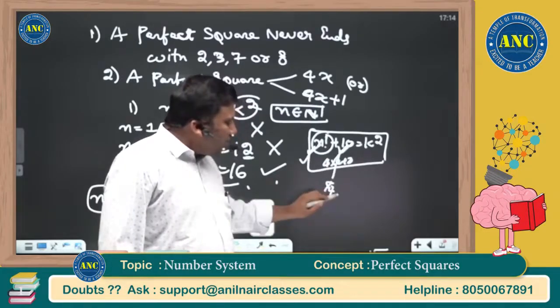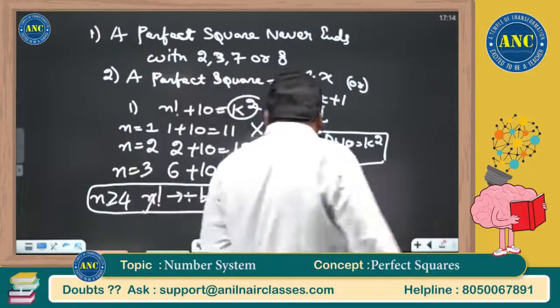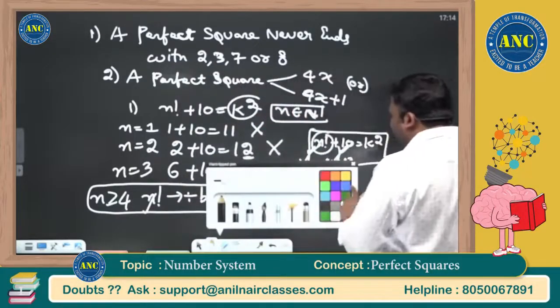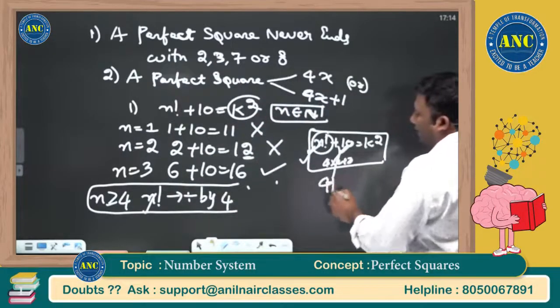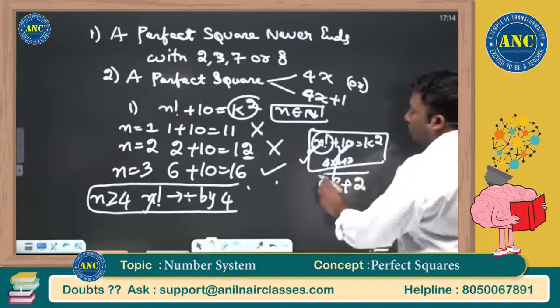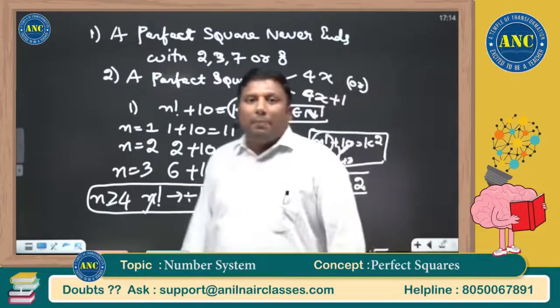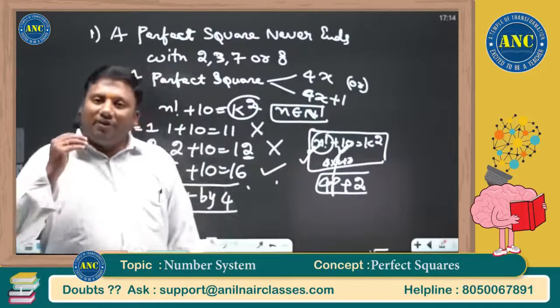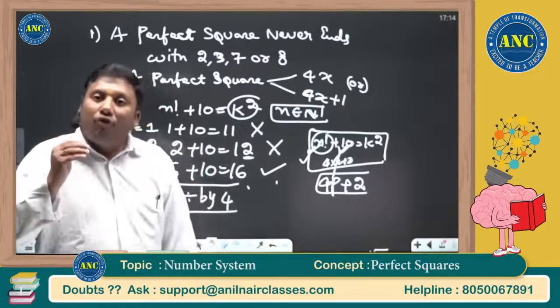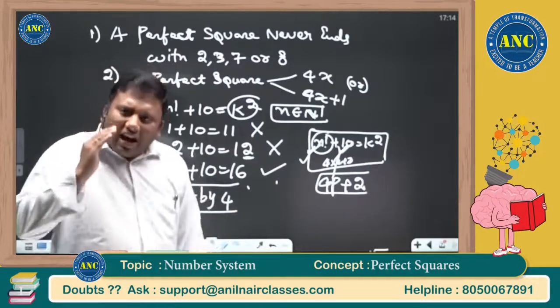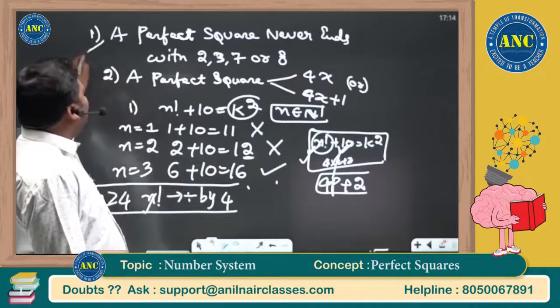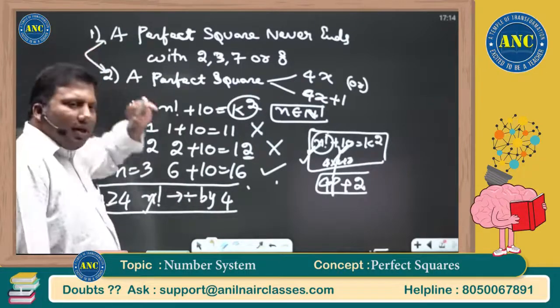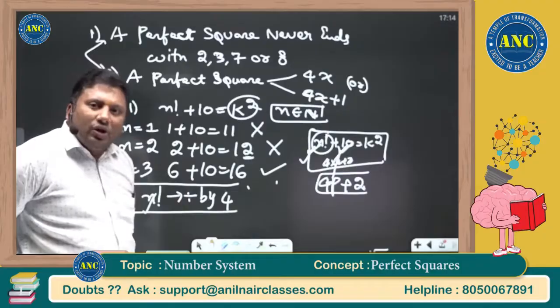But the right hand side is nothing but k square. K square is a perfect square. A perfect square will always be of the form 4 into something or 4 into something plus 1. A classic question which makes use of these two properties. Please make a note of it in your notebook.